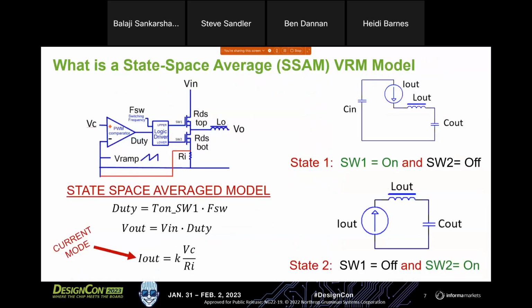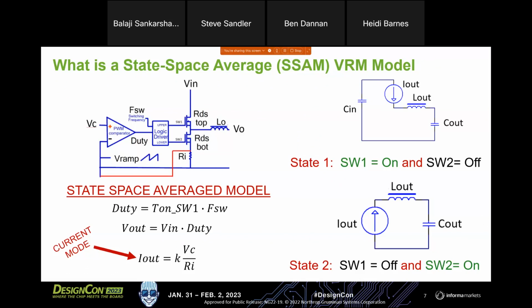The state space average model is simply a behavioral model. State space average techniques are very common both in the mechanical and the electrical world for modeling control loops. And the idea here is just to average out that dynamic switching behavior, because we're pulse width modulating an upper switch and a lower switch to down convert our voltage. And there's two states.